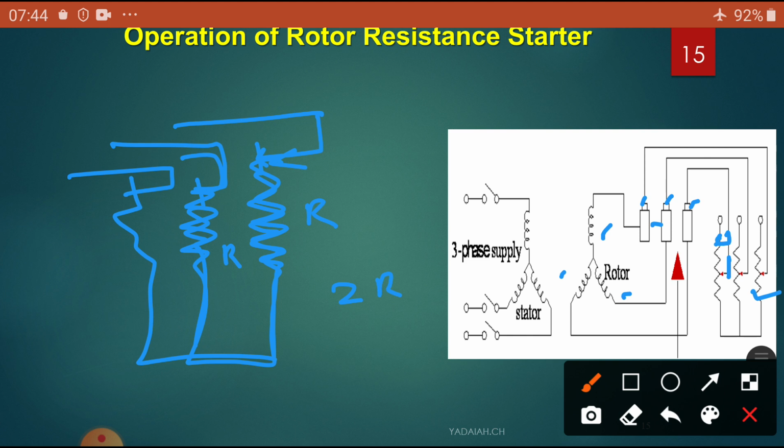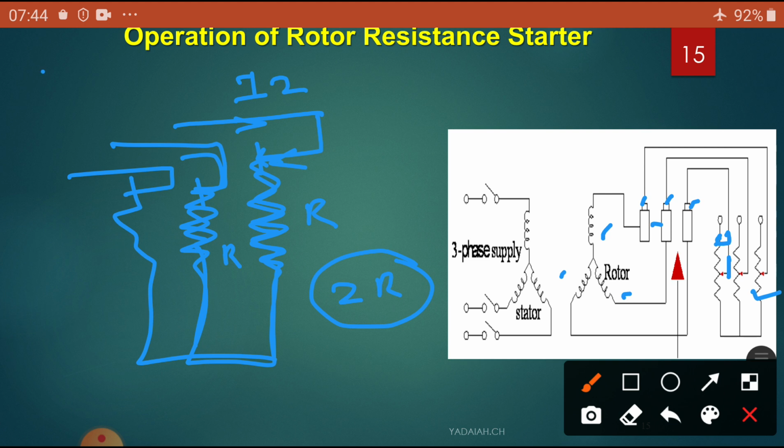Initially the resistance is kept at its maximum value. This reduces the rotor current. So automatically the current I2 is reduced due to the 2R, as both resistances are added here, which consequently reduces the current drawn by the motor from the supply.